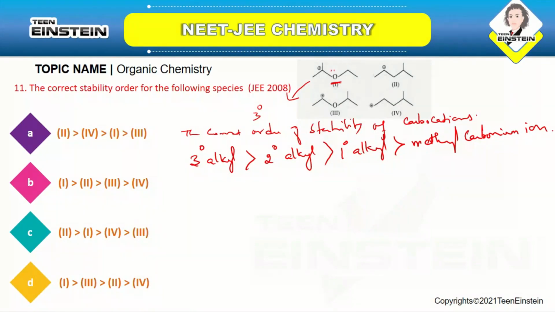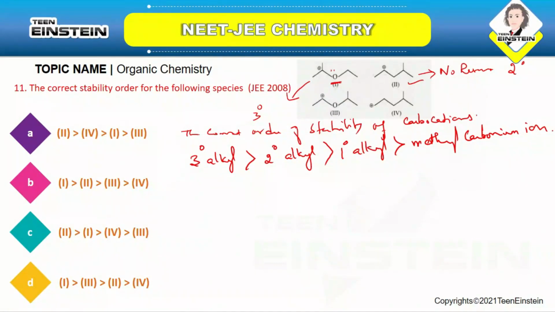So we check all the options. Come to the first option. Here the oxygen is present, which has lone pair of electrons, which stabilizes this carbocation, and this first structure is also a tertiary alkyl carbon, so it is more stable. Next, come to the second structure, which has no electron donating group, so it has no resonance, and it is a secondary alkyl group.